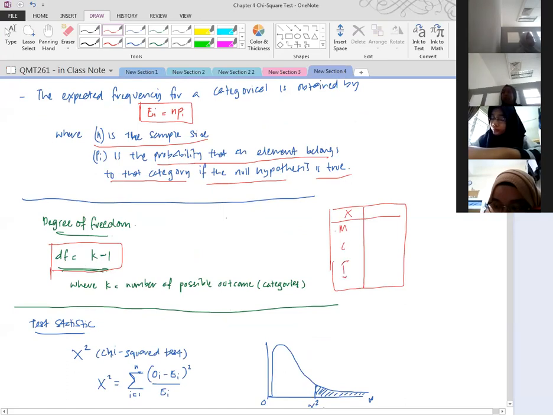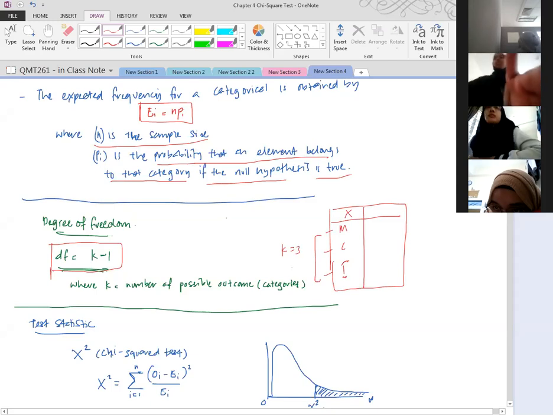The levels or categories in this variable are k. In this problem, we have k equal to 3, so the degree of freedom is k minus 1, 3 minus 1, which is equal to 2.